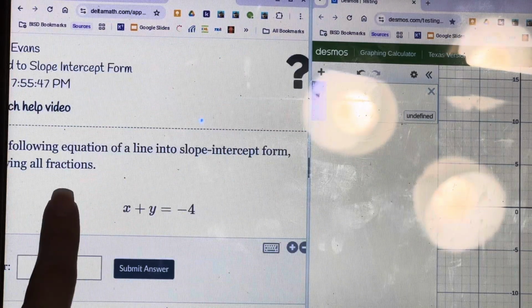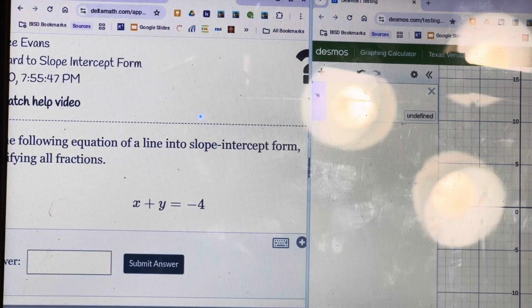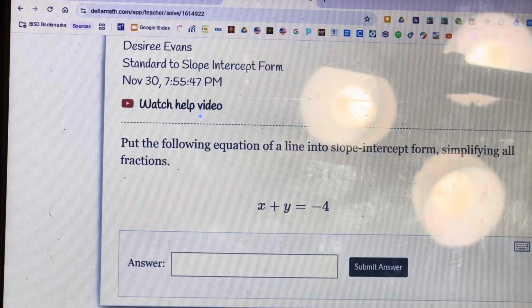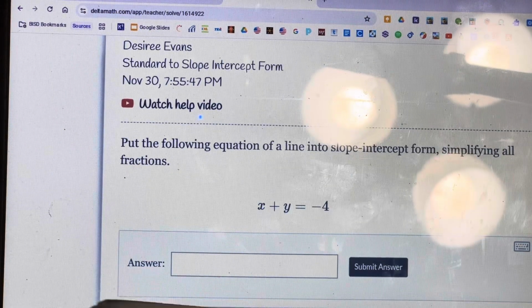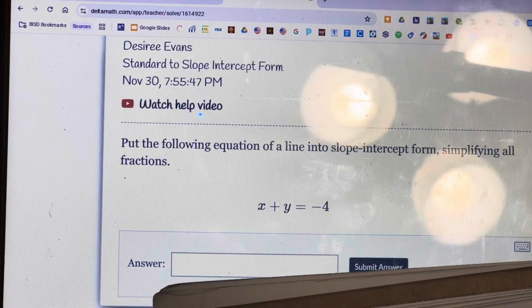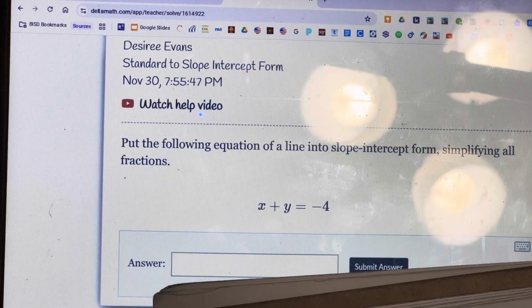Standard form to slope-intercept form. This is the only one you probably have to write down. Let me get a piece of paper. So I'm going to have x plus y equals -4.